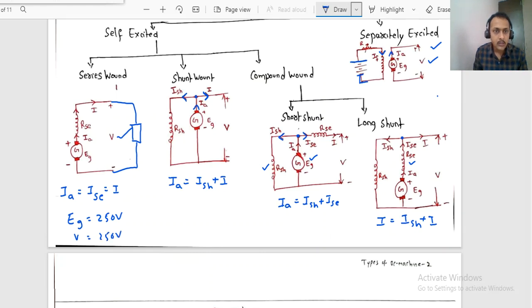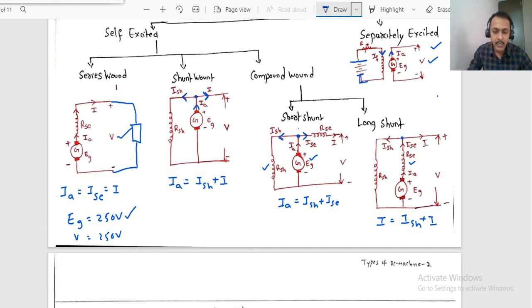No, because of the resistance of the armature and of this winding, out of the generated voltage of 250 volts, some voltage will be dropped in the armature or series field winding.